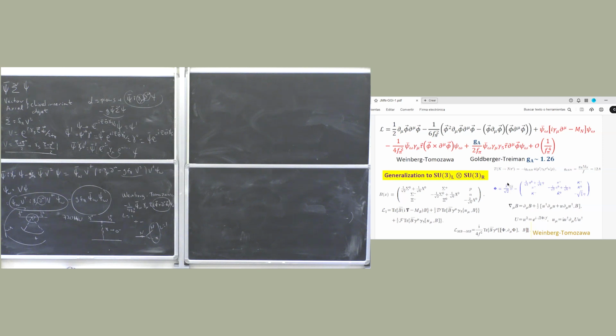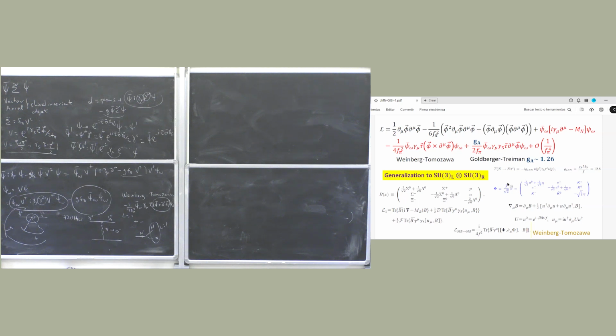That allows me to introduce a different strength for the second term. This is what is called GA, the axial coupling of the nucleon that you may have heard, right? The axial coupling of the nucleon. Then I can introduce this without breaking chiral invariance, okay?